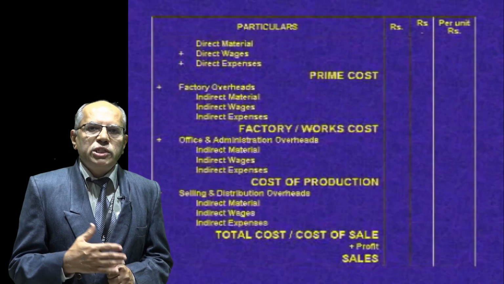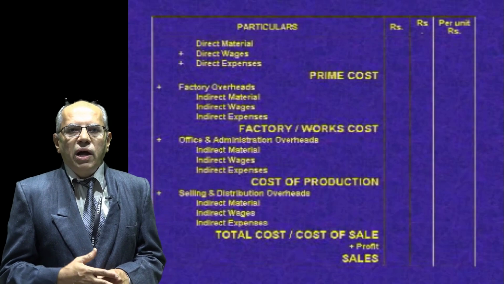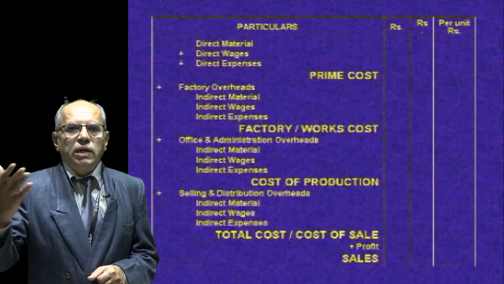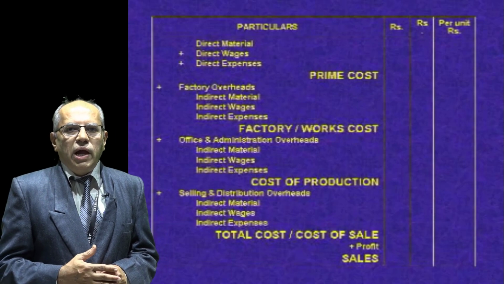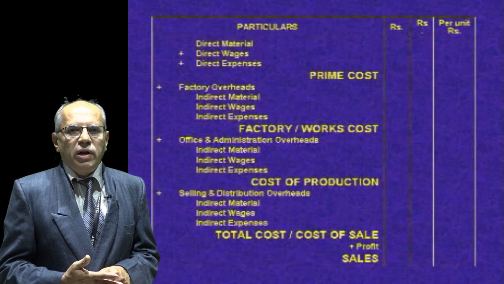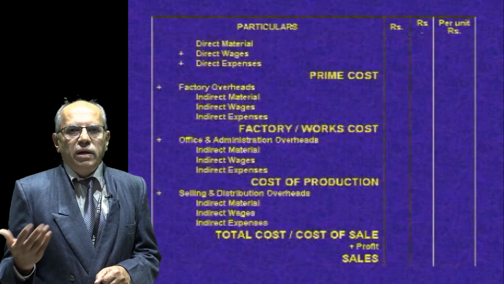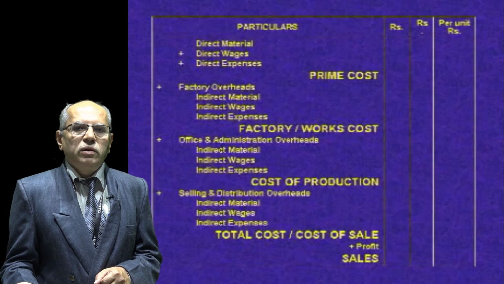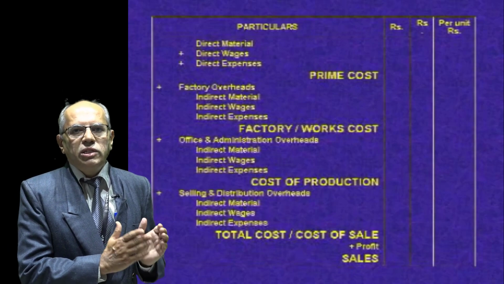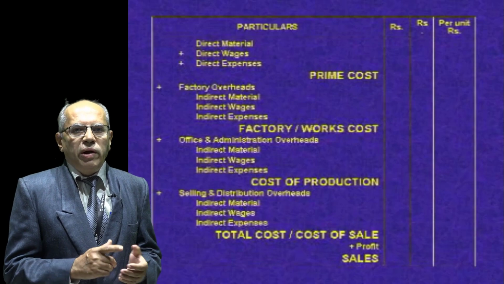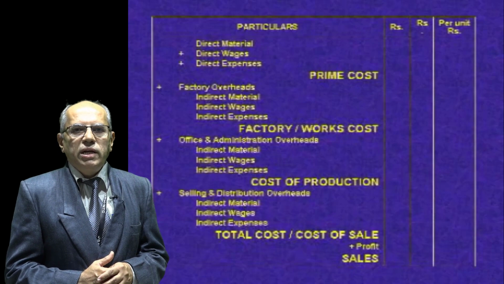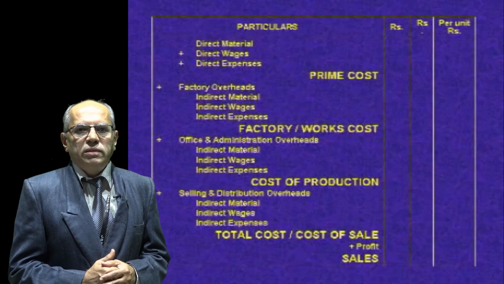In regards to distribution, suppose the company has hired a tempo or a delivery van, and the delivery van is delivering the product, and it is on a rental basis, whatever rent or kilometer-wise amount we are paying to the transport company will be termed under selling and distribution overheads. So advertisement and delivery van charges are some examples of selling and distribution overheads.